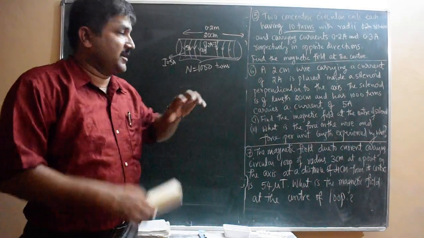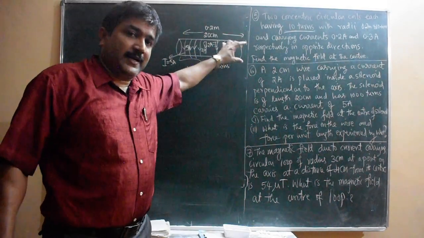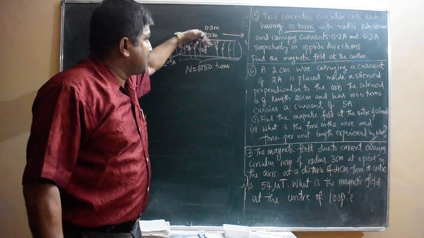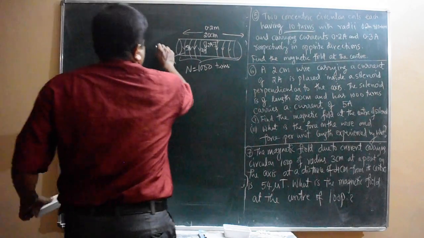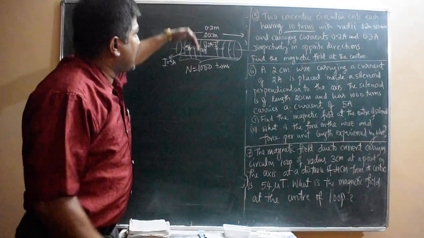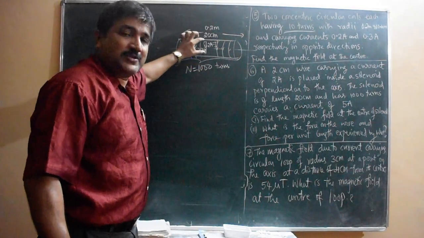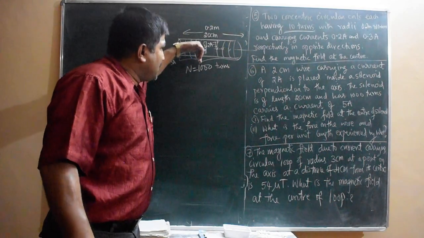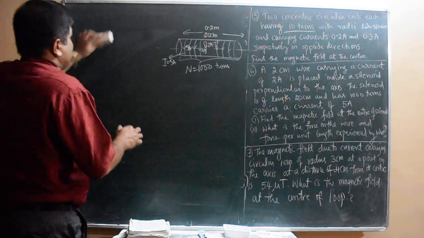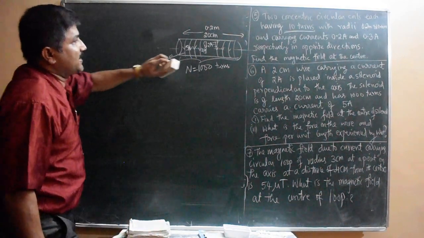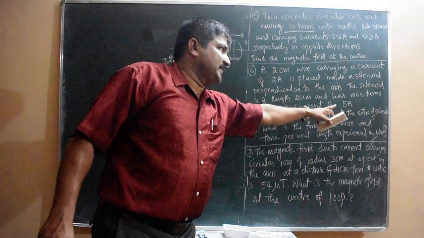So two situations here. One is a solenoid carrying current, another is a wire placed inside the solenoid perpendicular to the axis. See, this is the axis of the solenoid. That wire carrying current, of length 2 cm, is placed perpendicular to the axis of the solenoid. I hope you are getting it. So now what you have to do is get the magnetic field at the center of the solenoid.